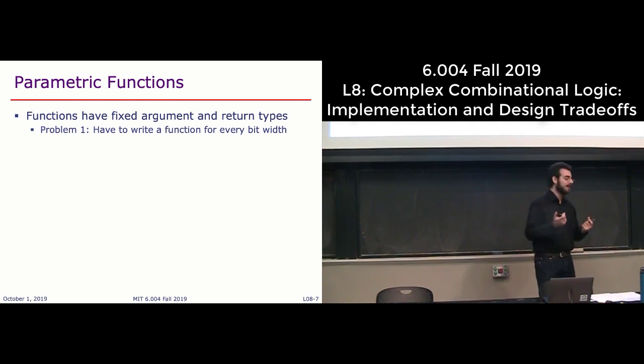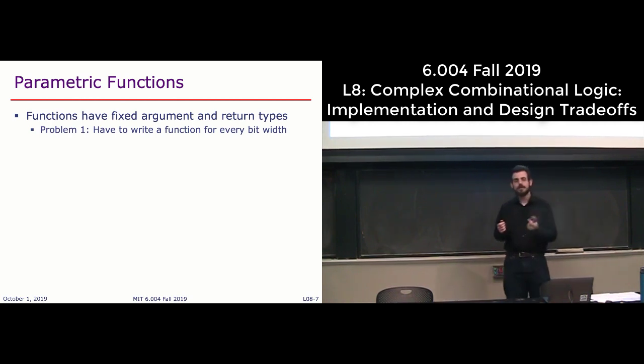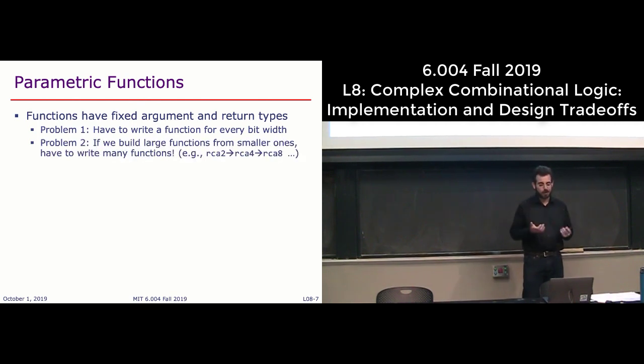I need to write RCA 32, 64, 47, and what have you, and that's just a lot of boilerplate. The second one is, and we've seen this with the example, if we build large functions from smaller ones, which we said was a really good strategy, now we have to write many functions. And this just gets very tedious. So RCA2, RCA4, RCA8, keep going.